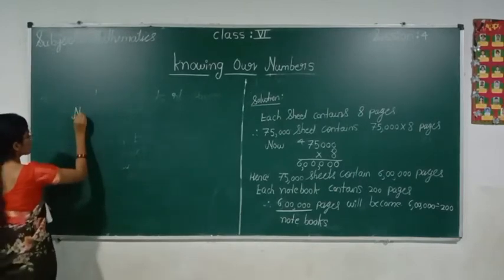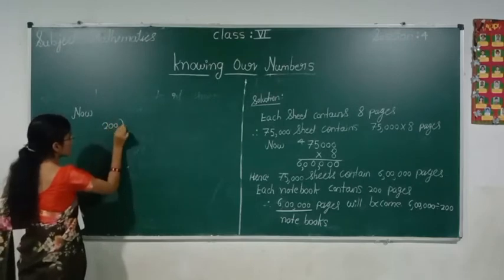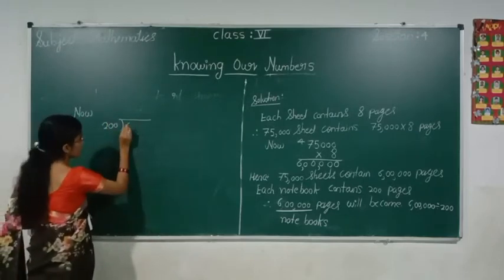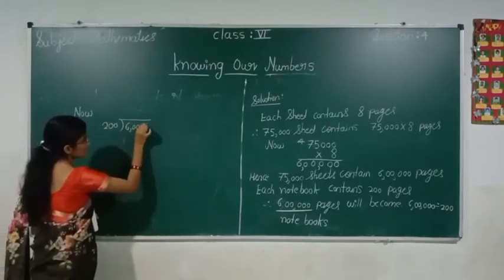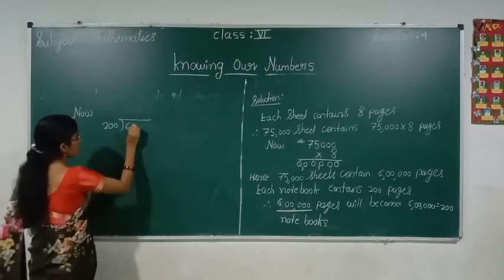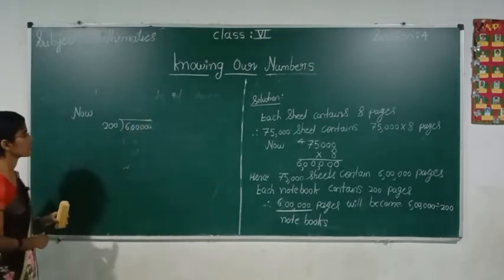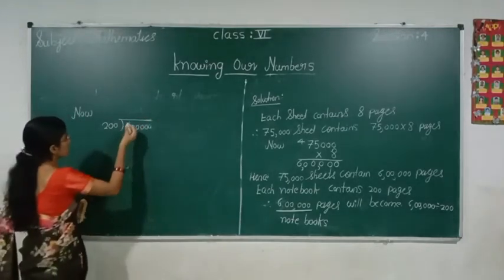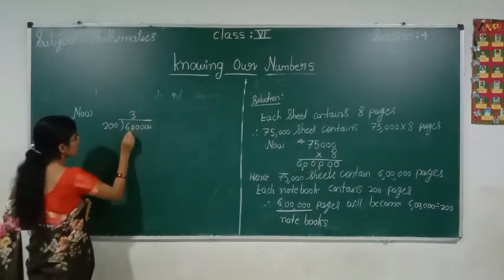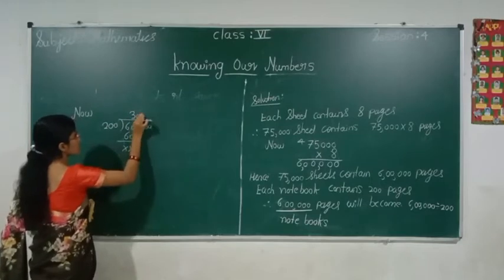Now see here, 6 lakh divided by 200. Now see here, 200 3s is 600. Yes or no? Here 3 zeros we can write.